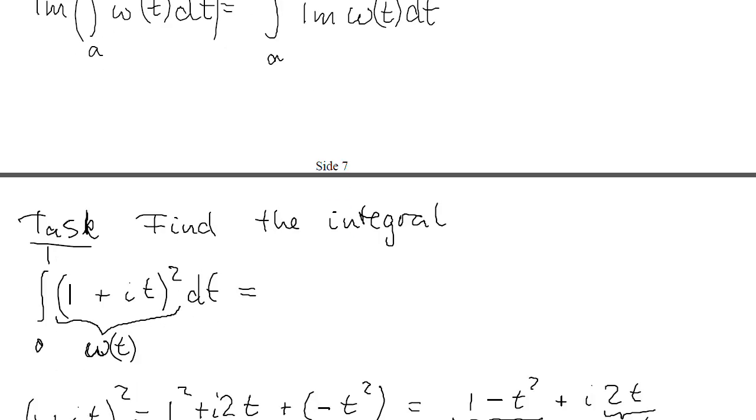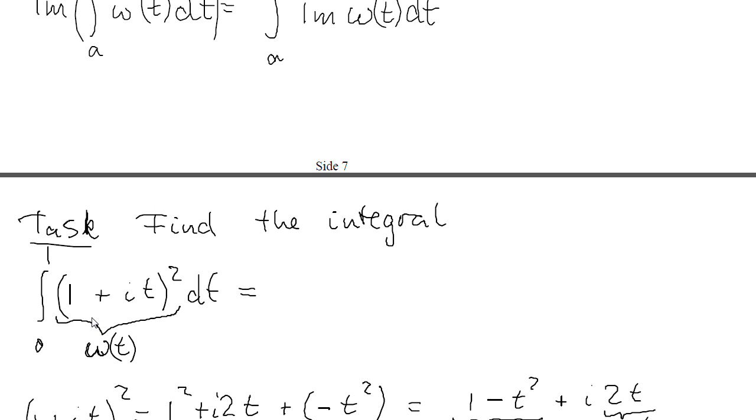Let's now find the following integral by this example. In this example, we let a and b be equal to 0 and 1, and let w of t be equal to this integrand. So we now recall the definition of this integral.